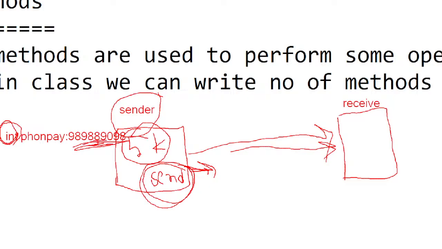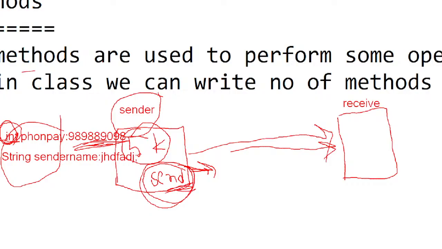If it is a big number, then you can go with long. And if you want to mention the name, you can take the String data type, sender name. So these two are the properties, and this send is the action.